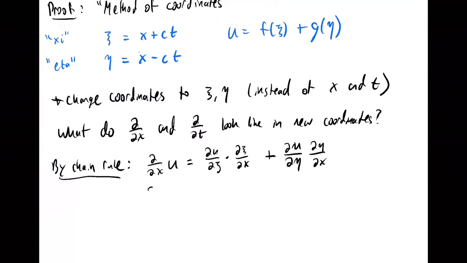Similarly, if I use the chain rule for the partial derivative with respect to t, the derivative of u with respect to t should equal the derivative of u with respect to xi times the derivative of xi with respect to t, plus the derivative of u with respect to eta times the derivative of eta with respect to t.